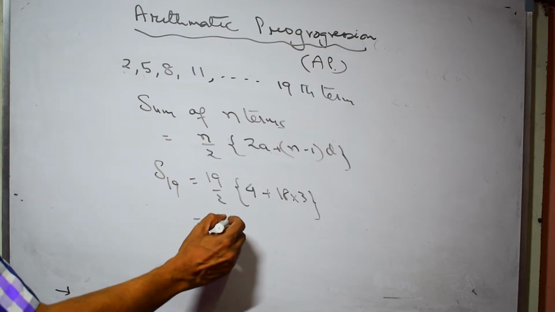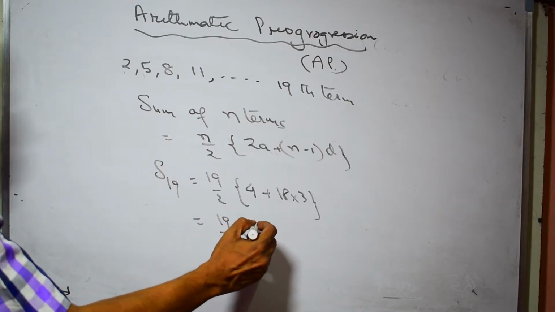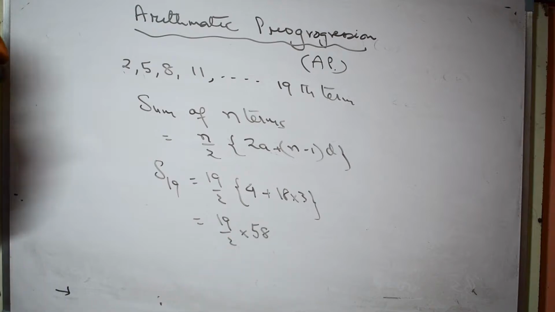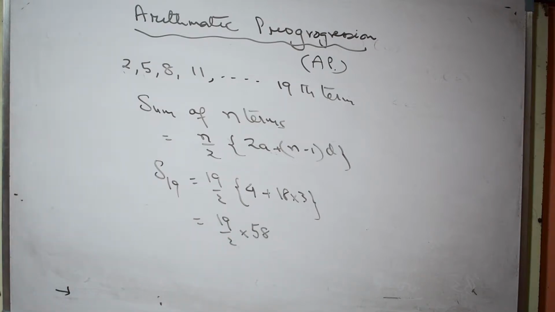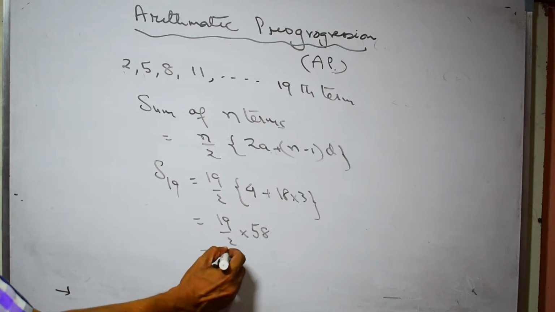So it is 19 by 2 into 58, because 3 into 18 is 54 and then plus 4 is 58. Therefore 58 by 2 is 29. So the final answer is 29 into 19, and that is 551. So this is the sum.